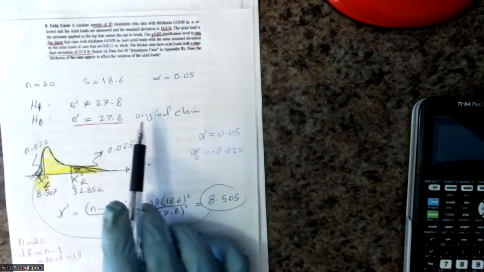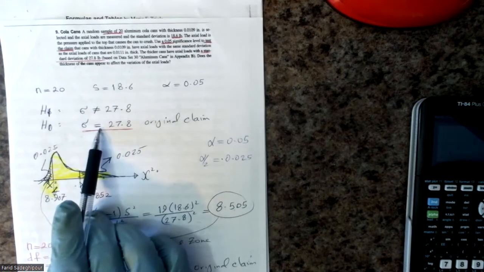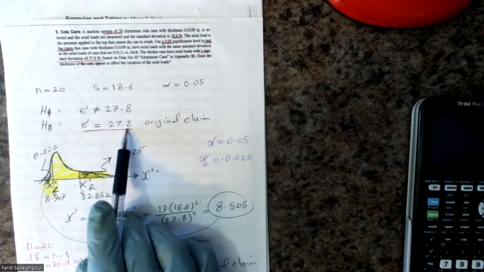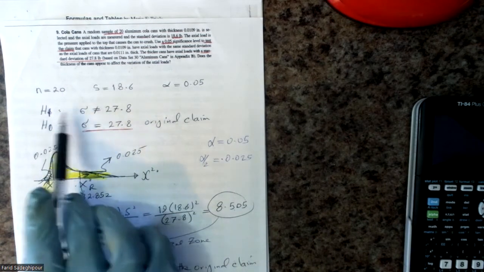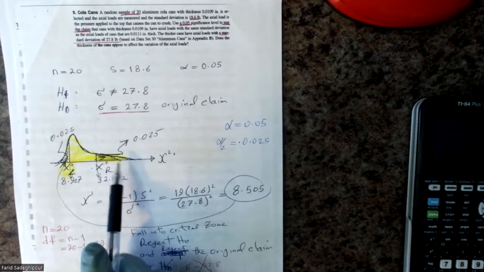The claim is that the standard deviation is 27.8. Since H0 always takes an equal sign, the original claim is H0. So what's the opposite of that? H1. It's two tails.